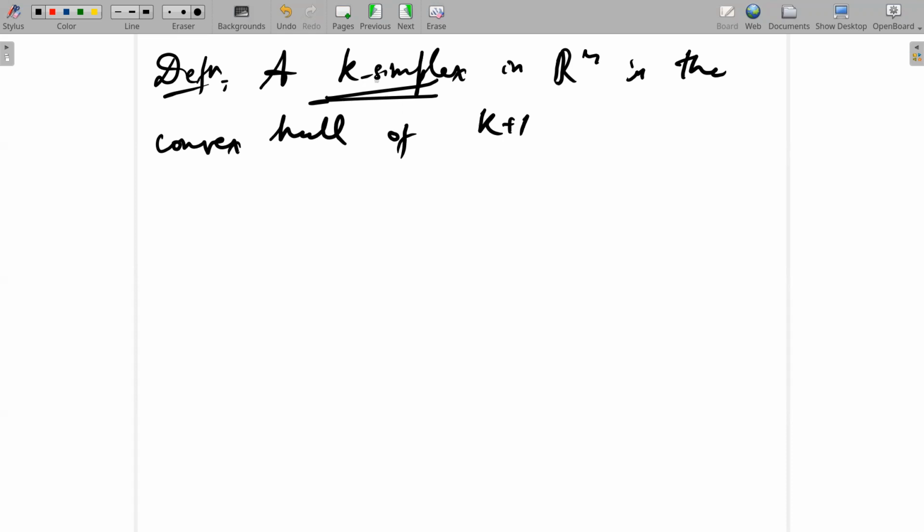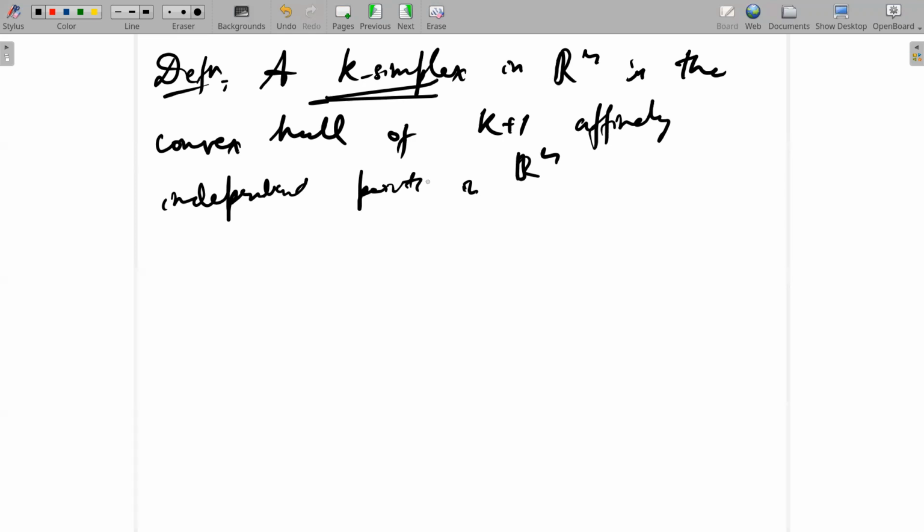So k represents the dimension; that's why here we have k plus 1. Of course, you cannot have an n plus 1 simplex in Rn. You can at max have an n-simplex. A triangle is going to be a 2-simplex. So k represents the dimension of the simplex.